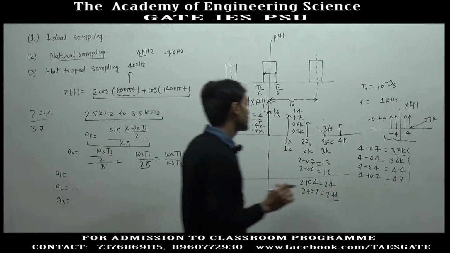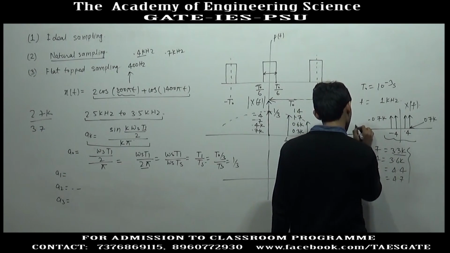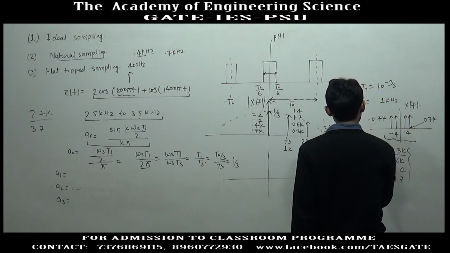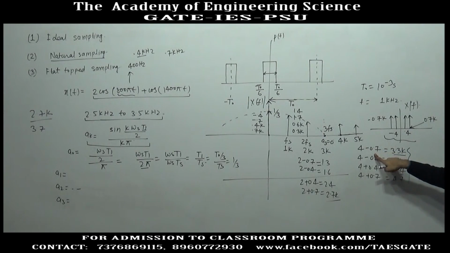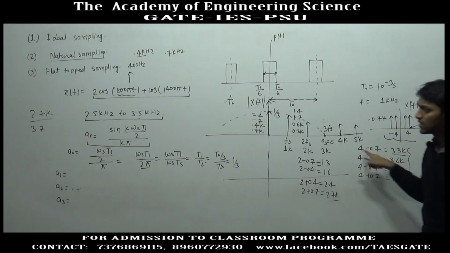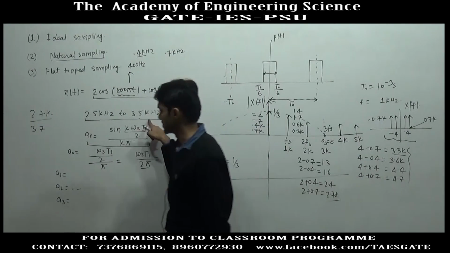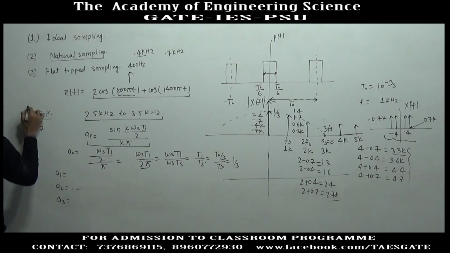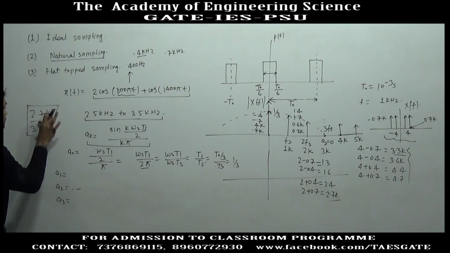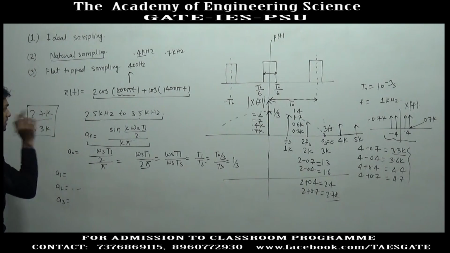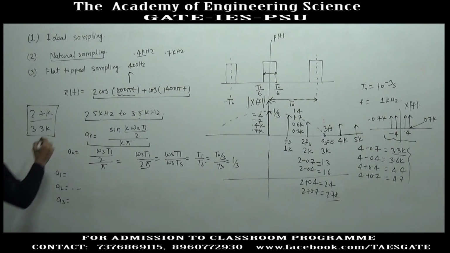Now, if we take the convolution with 5 kilohertz, the minimum value we get is 5 minus 0.7, that is 4.3, and that does not lie in this range. So the only two components, 2.7 kilohertz and 3.3 kilohertz, lie in this range. So this will be the answer.